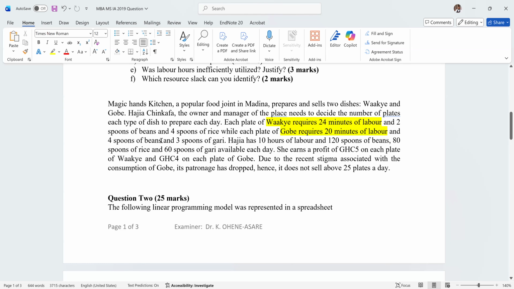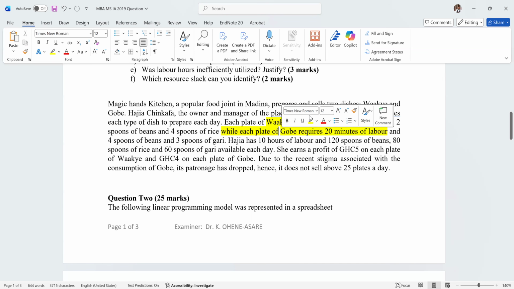It says that 2 spoons of beans and 4 spoons of rice, okay, while each plate of Gobe, watch the word, each plate of Gobe, okay, requires 20 labor, 4 spoons of beans, and 3 spoons of Gary.